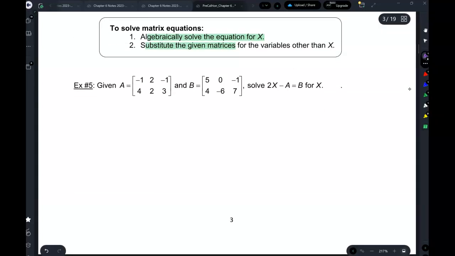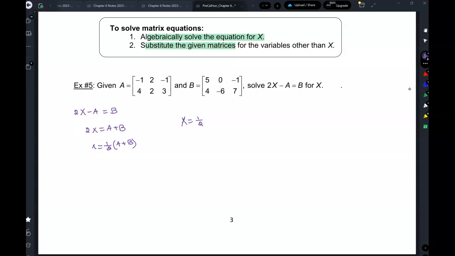So here, if I have 2 times capital X minus A equals B, I want to solve for X. What is X? It's 1/2 (A plus B). Well, A and B are matrices, right? So now X, capital X, is going to be half of.